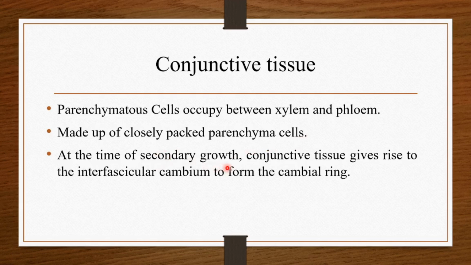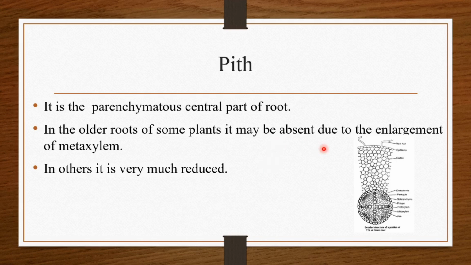During secondary growth, this conjunctive tissue between xylem and phloem gives rise to the interfascicular cambium to form the cambial ring. So during secondary growth, the cells in between xylem and phloem become meristematic and form a part of the cambial ring. That's about conjunctive tissue.